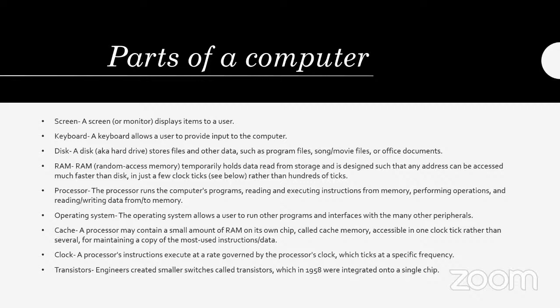Clock speed, that is inside your processor too. It keeps up with how much time each instruction has had in the processor, and then it swaps it out. So it's not really processing a whole bunch of instructions at the same time.